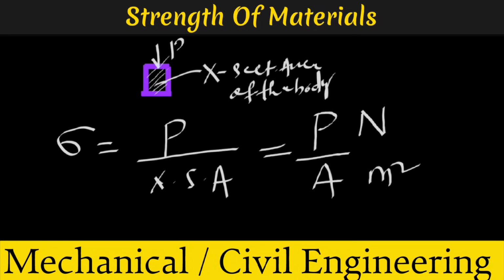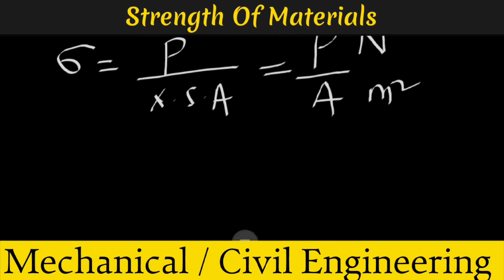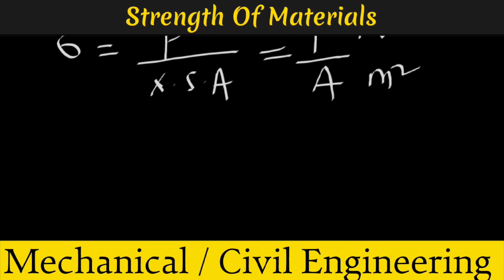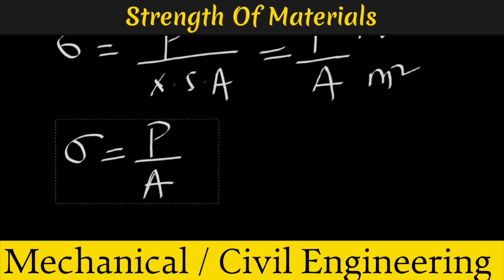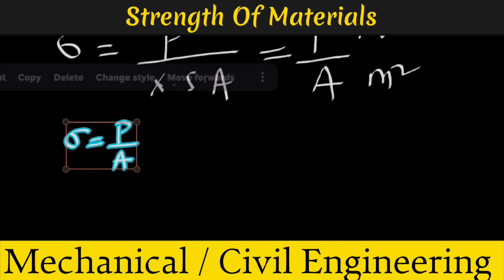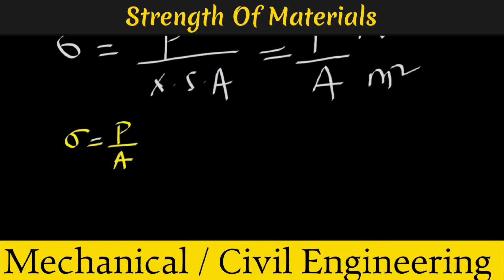So we can write sigma equal to force applied by cross sectional area. This is the formula for normal stress.